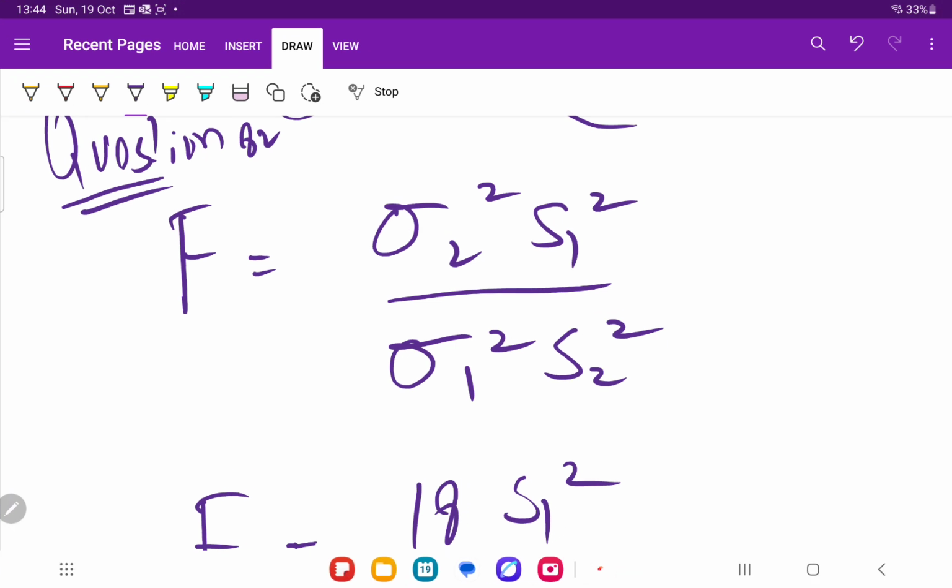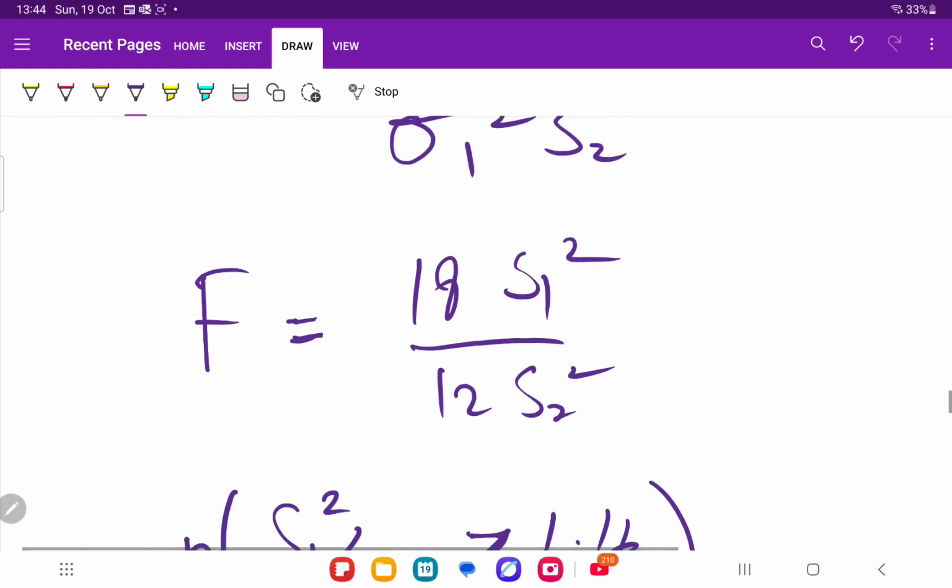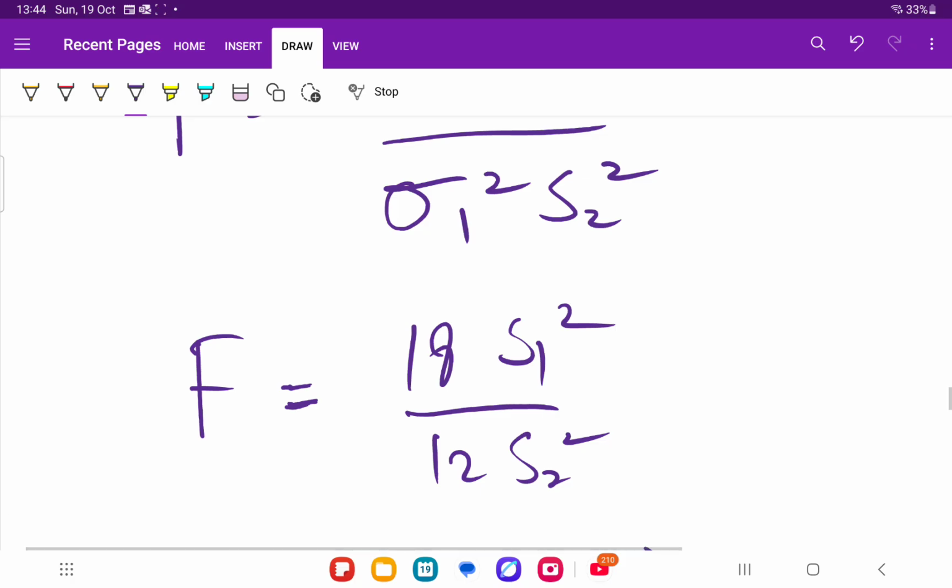In order to accomplish our objective, first of all we'll calculate the F value, which is F equal to 18 over 12 times S1 square over S2 square.